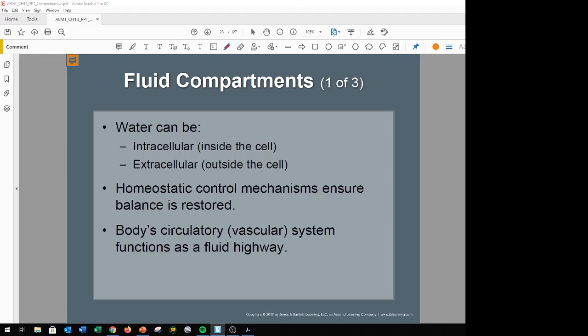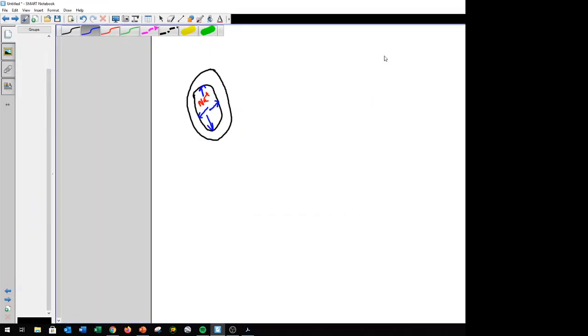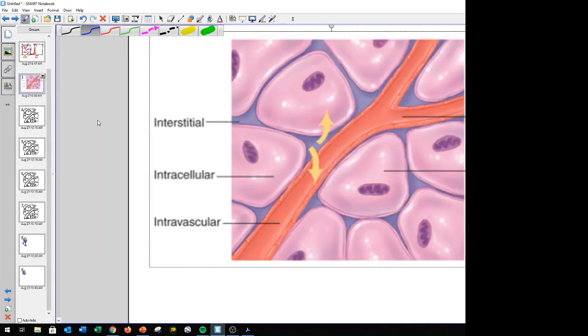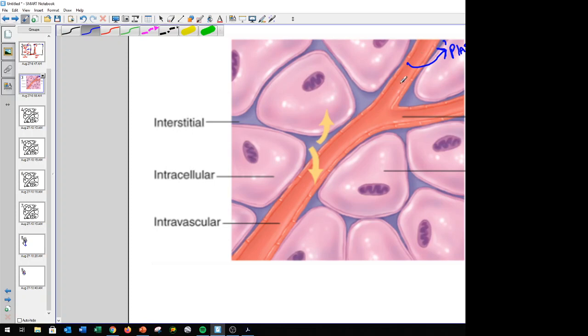Okay, I'll bring over our chart here. All right, so here we have, this picture's in the book. We're talking about the circulatory system being the fluid highway, and it is. Remember that plasma is 98% water, so that's what we're talking about.